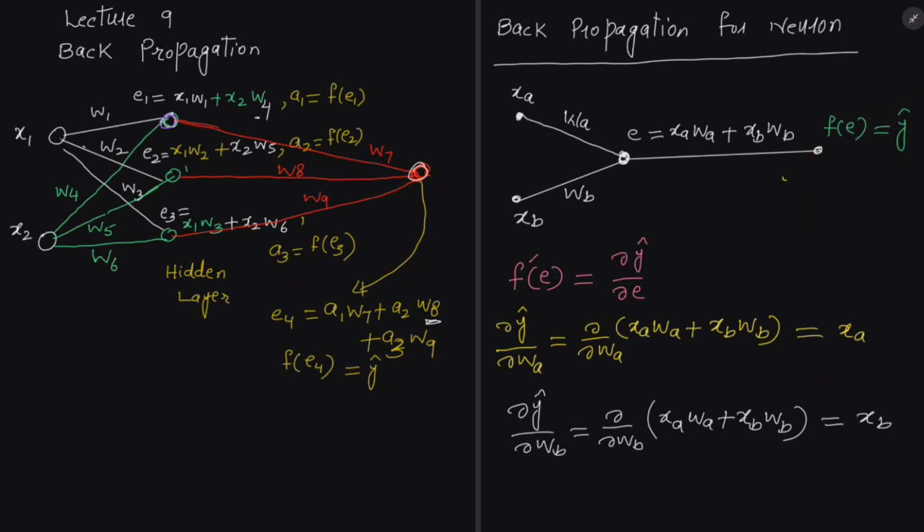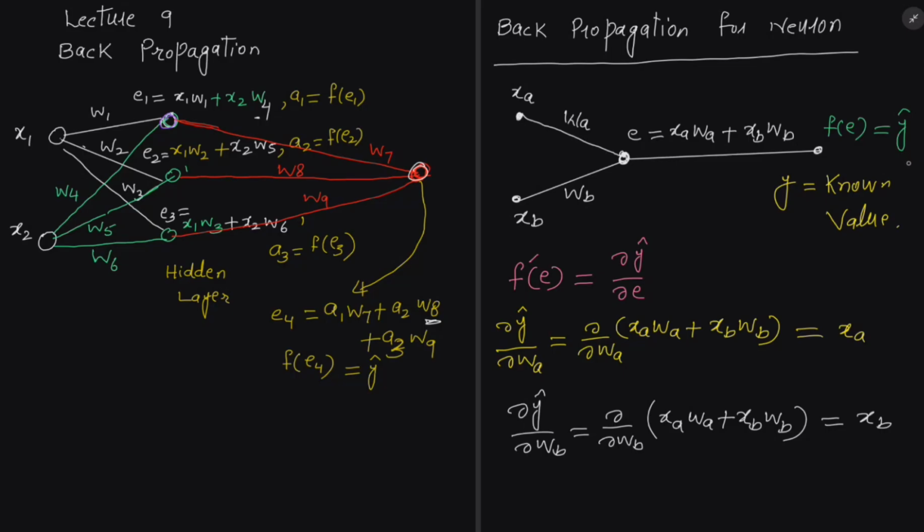So y is our known value. We want to find the difference between y, which is the known value, and y hat, which is obtained from the artificial neural network.